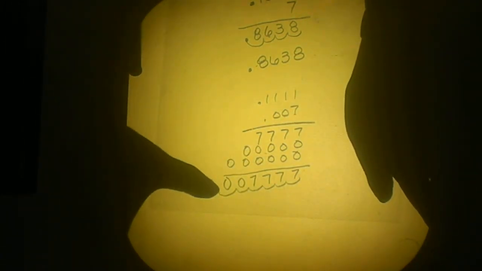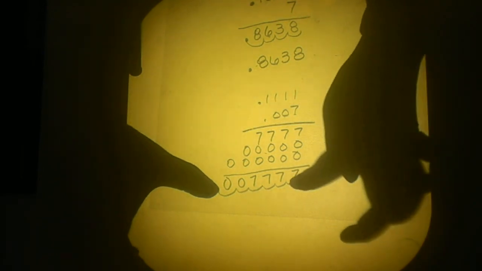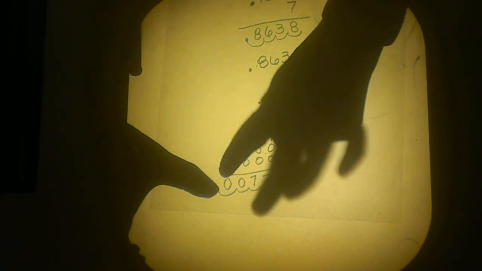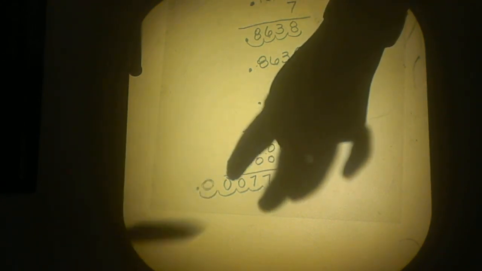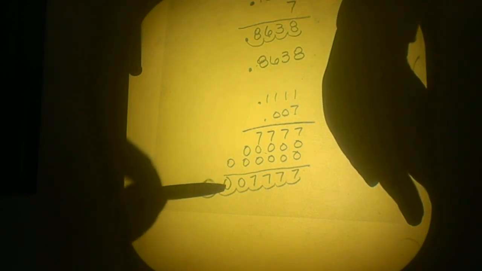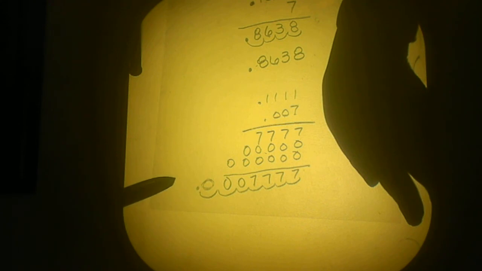So I needed 7 spots. I counted 1, 2, 3, 4, 5, 6, but I ran out, so I went ahead and added in this hole right here, put in my decimal and added in a 0. When you don't have enough, you need to add in a 0 to make up for that extra decimal spot.